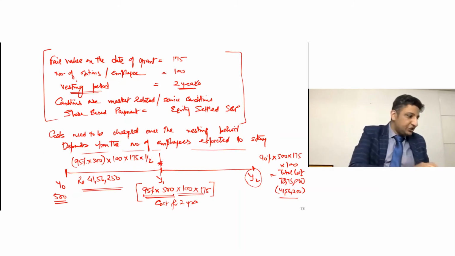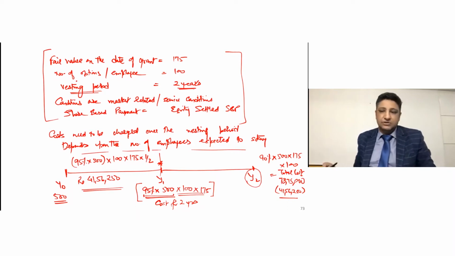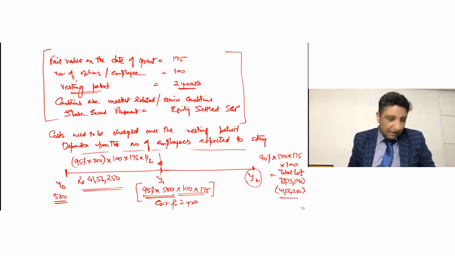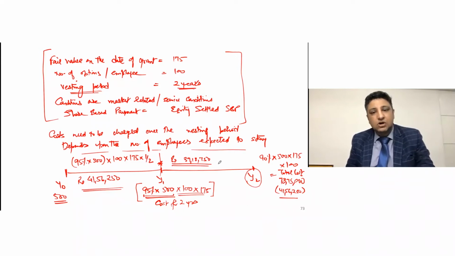So the differential, which is calculated as 78,75,000, which is 78 lakh 75,000 minus 41 lakh 56,250, the amount comes at 37 lakhs 18,750. So rupees 37 lakh 18,750 becomes the cost for year 2.